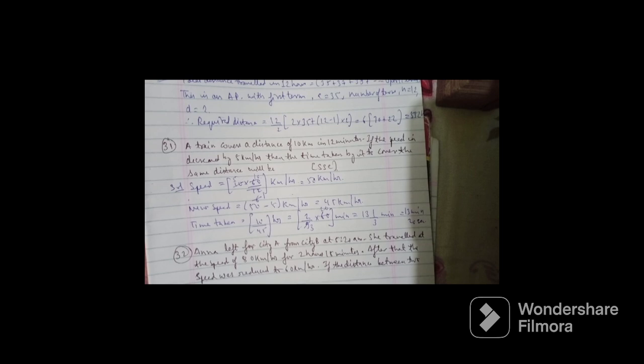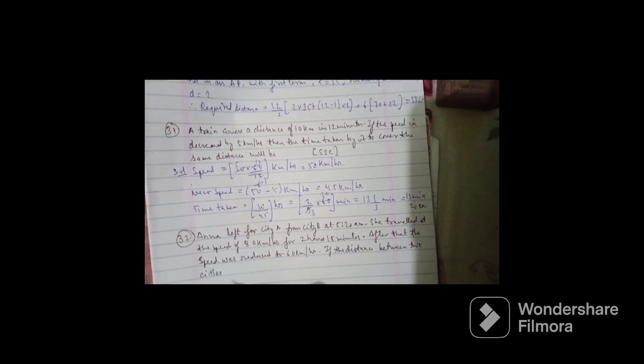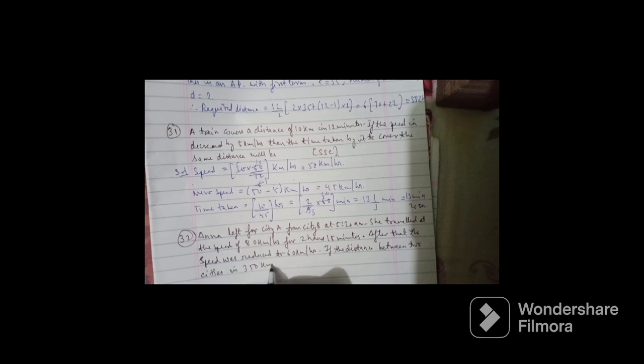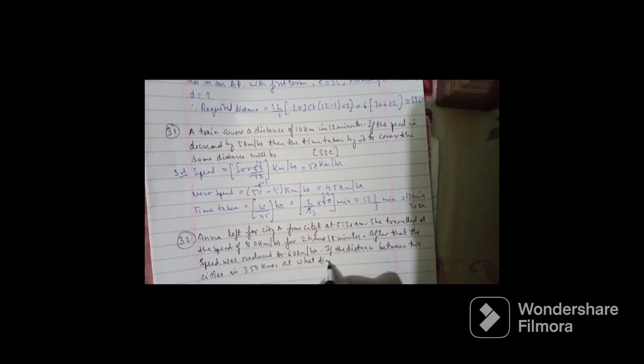If the distance between the two cities is 350 kilometers, at what time did Anna reach city A?